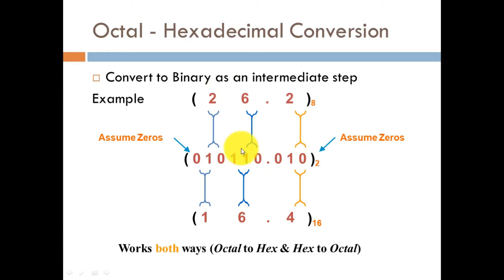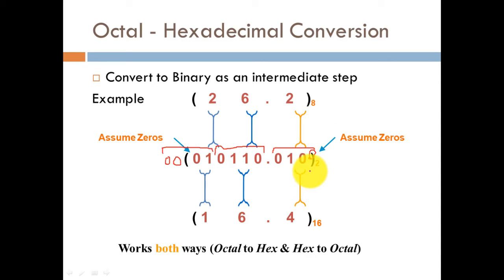From this binary, how do we get the hexadecimal number? The process we understood in our last slide is that we group the bits in fours. So 010, we add a 0 to get a group of 4 bits. Then 0101 is our second group, and we append 2 zeros to form our third group.